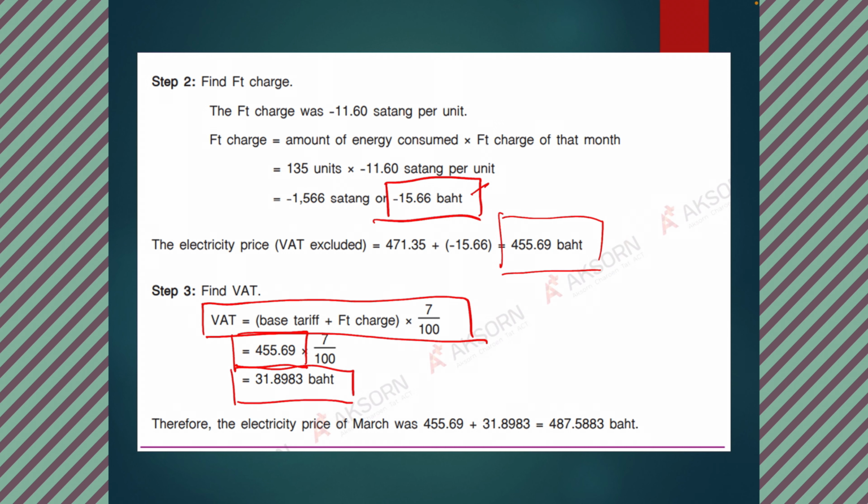So let's go back. Therefore, the electricity price of March was 455.69 plus 31.8983 baht. So it will give us a final answer of 487.5883 baht. So that's it. This is already our electricity bill.